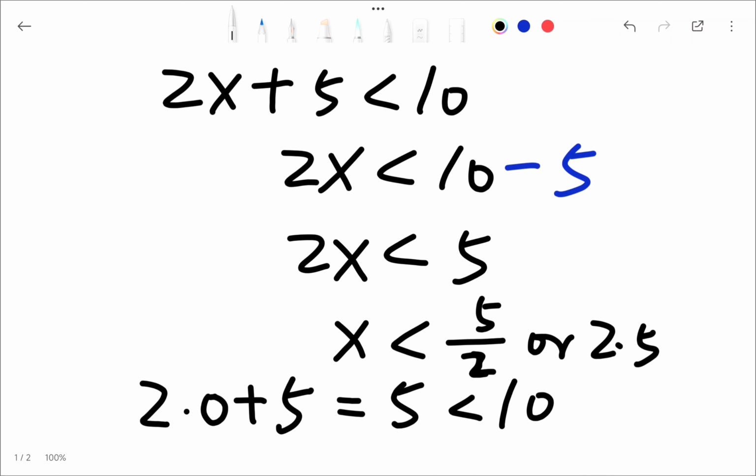Just by making one slight change to this question. What if I add a negative sign in front of 2x? And now we need to divide both sides by negative 2.